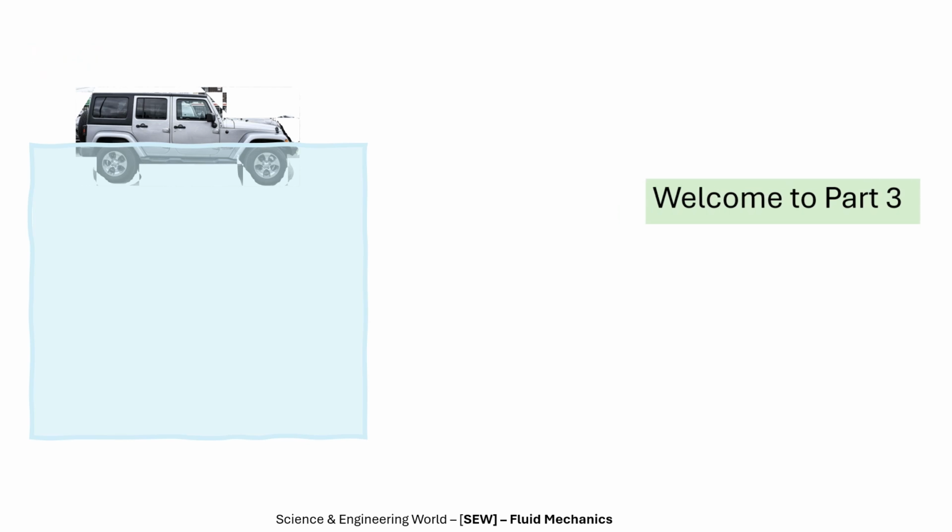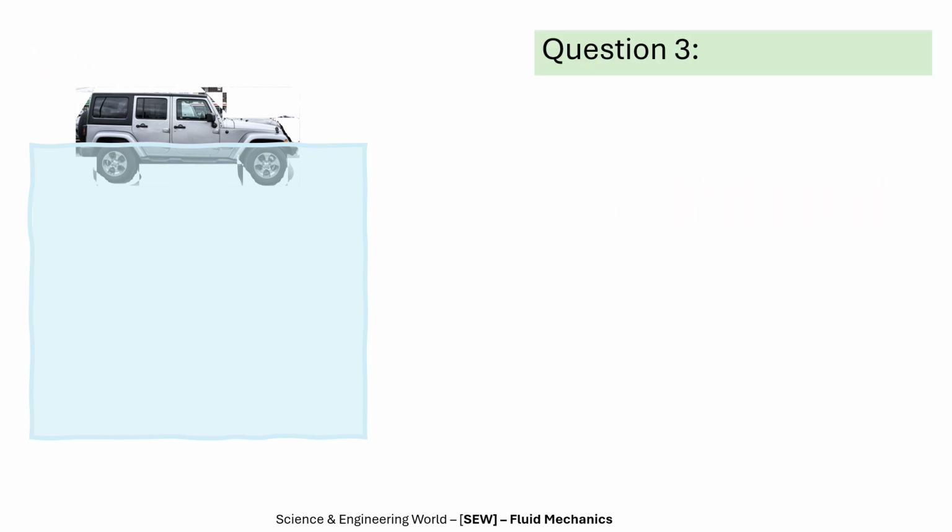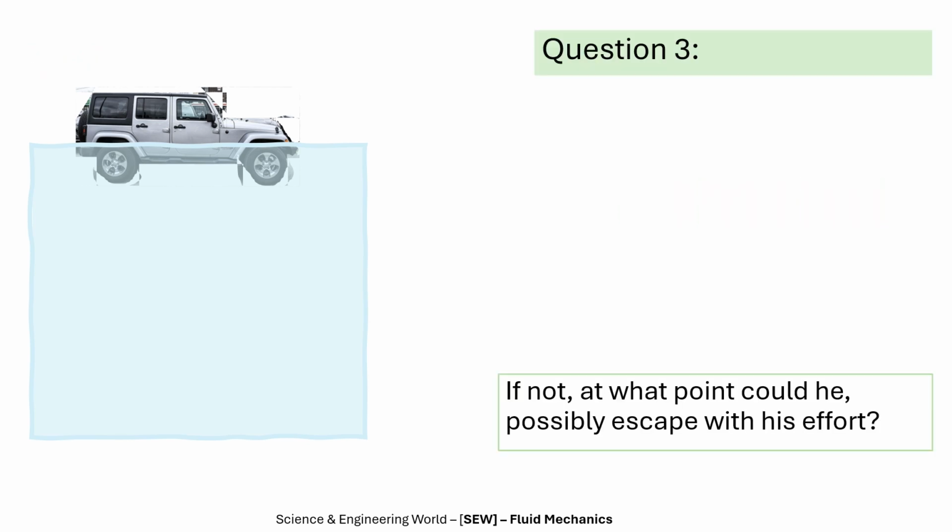So the question now, which is question 3, is that if he couldn't escape at the bottom and he couldn't escape when the door was at the same level of the water, at what point could he possibly escape with his own effort? Let's examine this.